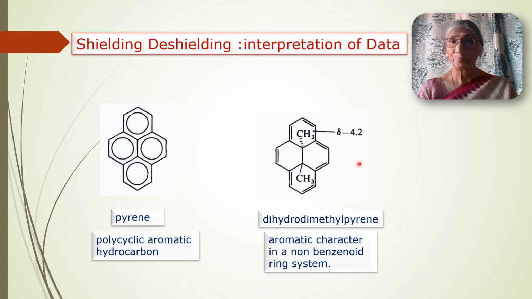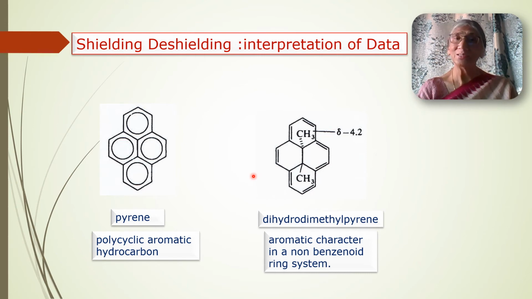Why is it so? Whether this compound is aromatic or non-aromatic. In this compound you see there are peripheral pi electrons. By the circulation of these peripheral pi electrons, they are rotating in a circle. They are cyclically delocalized pi electrons. So by cyclically delocalized pi electrons, a strong ring current is generated. And we know that as in benzene, at the periphery it is paramagnetic and in the center it is diamagnetic.